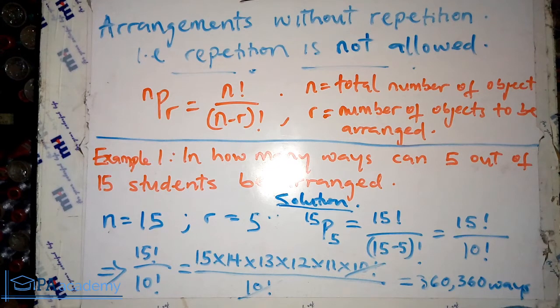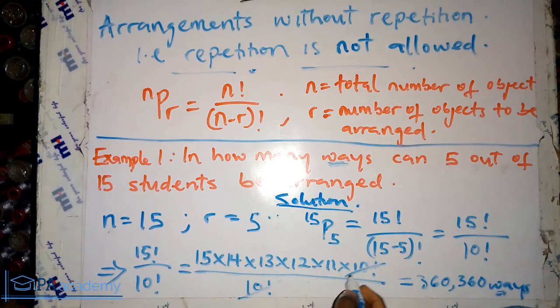It says, in how many ways can 5 out of 15 students be arranged? So they can be arranged in 360,360 ways. Don't forget, the question is asking us in how many ways, so once we get the value, we should add ways to it. And then let me come back to this factorial.